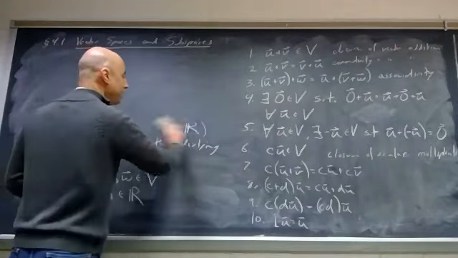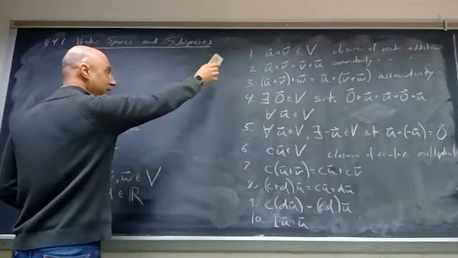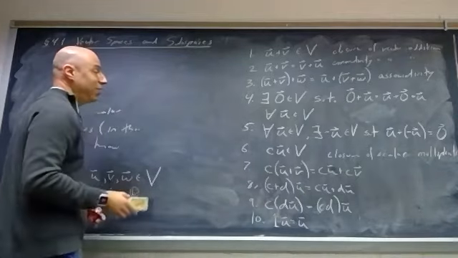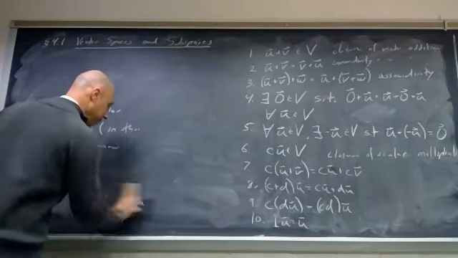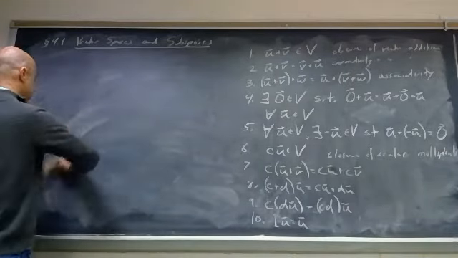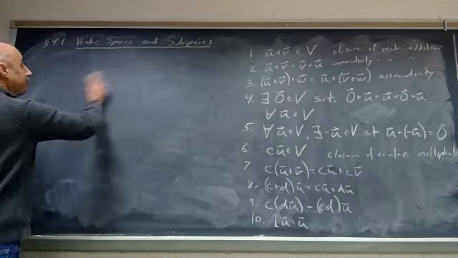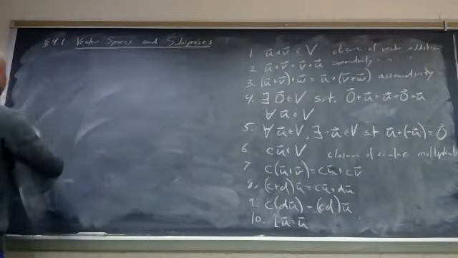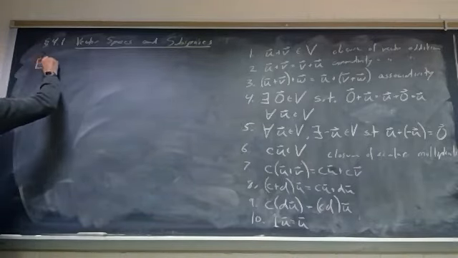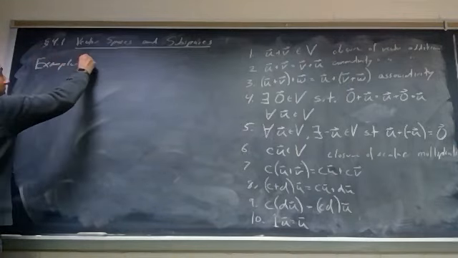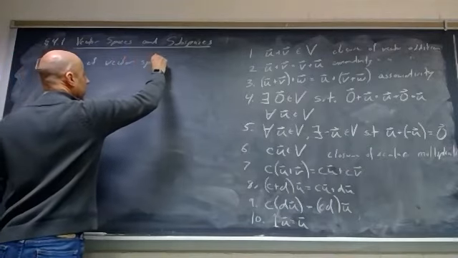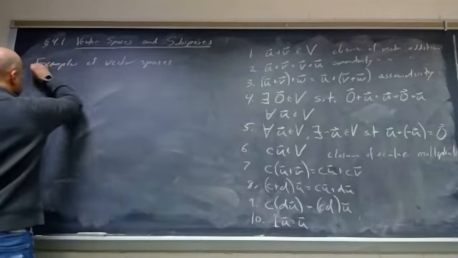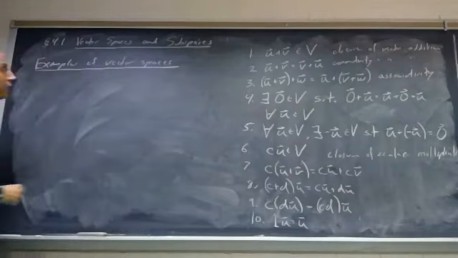So any set which has vector addition and scalar multiplication, which follows these properties, is a vector space. So, examples of vector spaces.